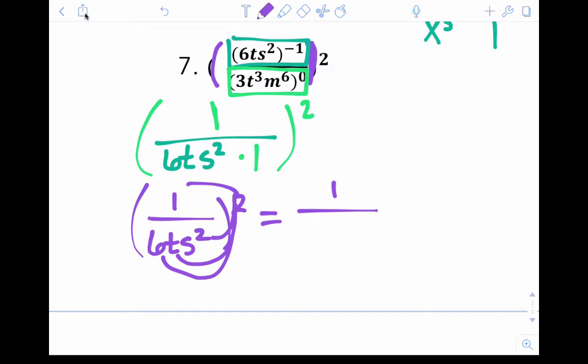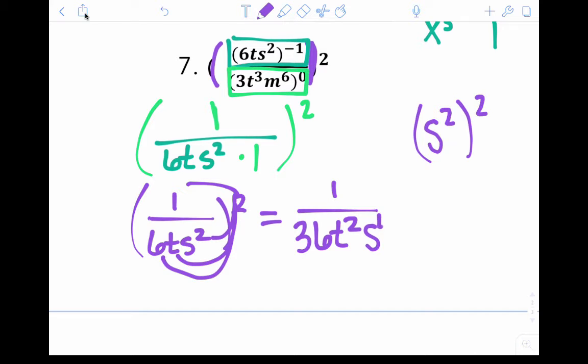In my denominator, I now have 6 squared, t squared, and then s squared squared. So that looks like this. I'm going to use that power of a power rule to get s to the 4th. And this is my final answer. I cannot simplify it any further. It's written as one expression, and I have no negative exponents.